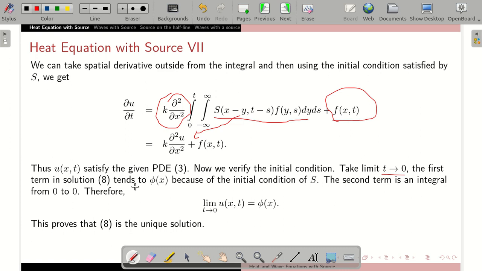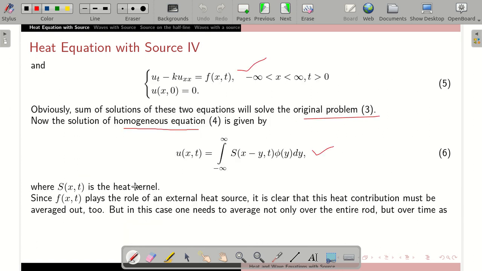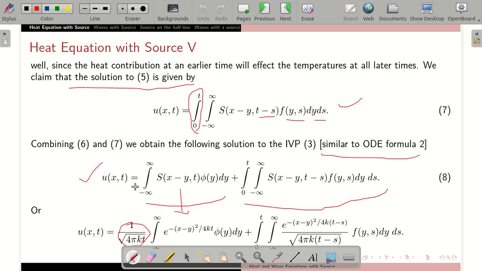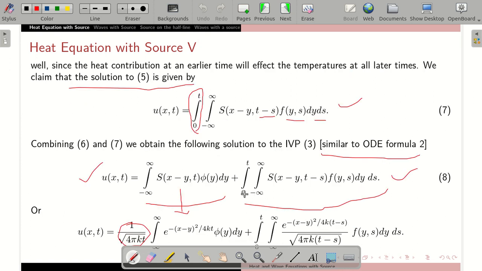So I'm going back to solution which I have written earlier. So this is the solution given by equation 8. So first term from homogeneous and second term from non-homogeneous. So in second term, now your limit will be, you are fitting t equal to 0.